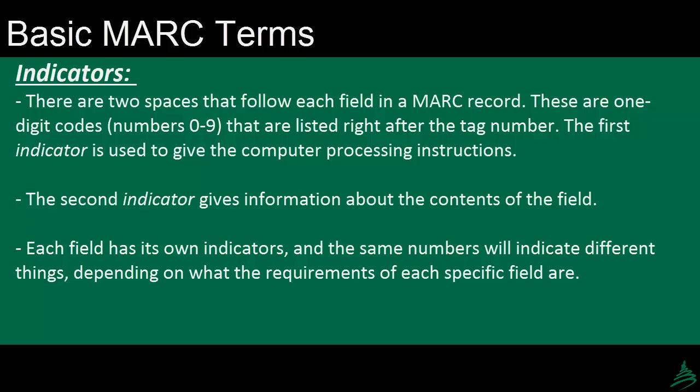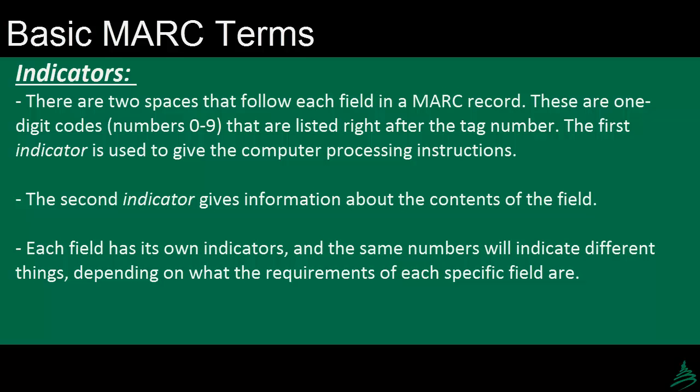When you have a main entry, or a 1XX, then you would have a 1 in the first indicator in the 245. But if you don't have a 1XX field, you would use a 0, and that would tell the computer that there is no author, really no primary person responsible for that item.